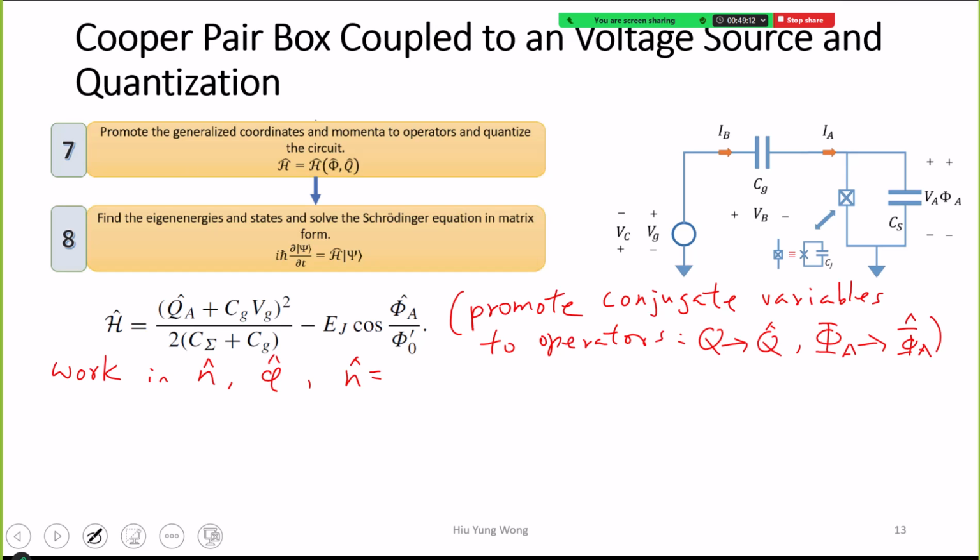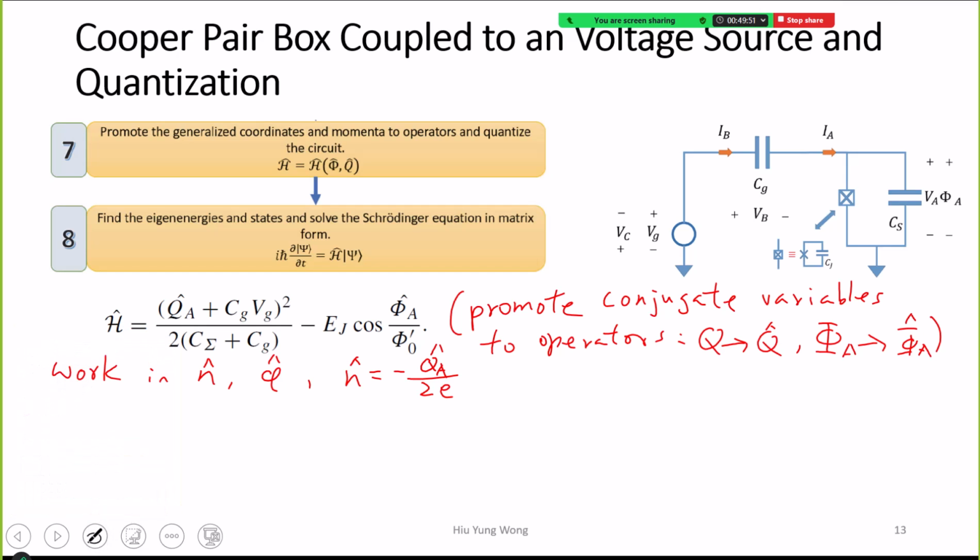It's equal to negative Qa hat divided by 2e, because we're talking about the number of Cooper pairs. If you have a negative charge and divide it by 2e, you get the number of Cooper pairs. A Cooper pair has a 2e charge, but negative, so Qa equals negative 2en. That's the first thing.